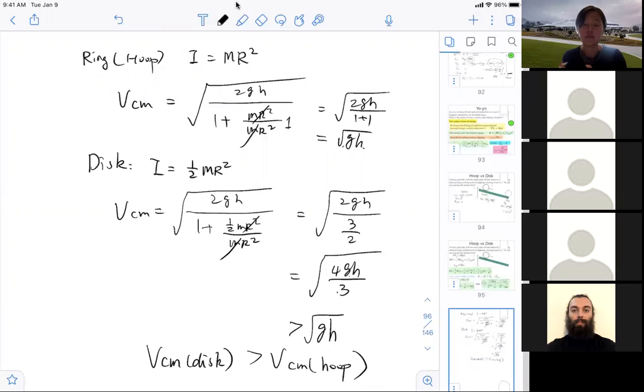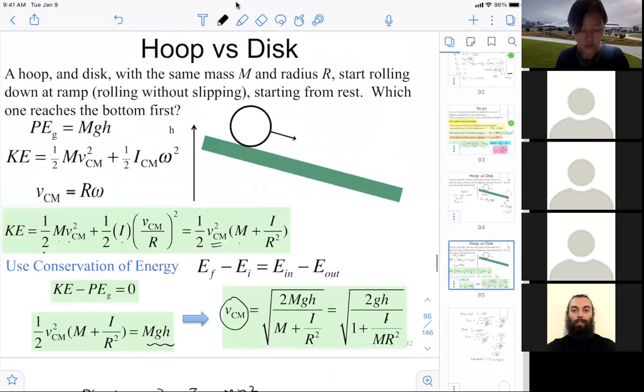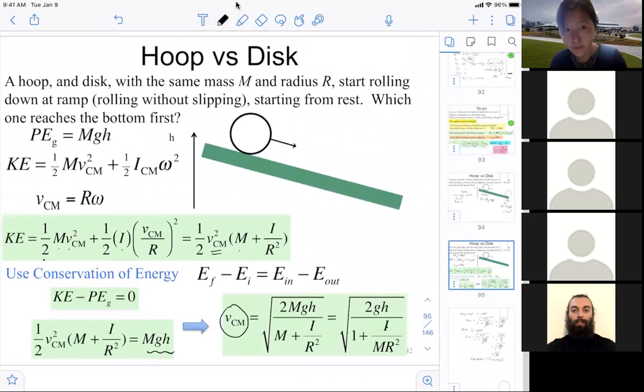Before, we only had 1/2 mv squared. Now we added a 1/2 I omega squared. That is the only difference. So any questions so far?